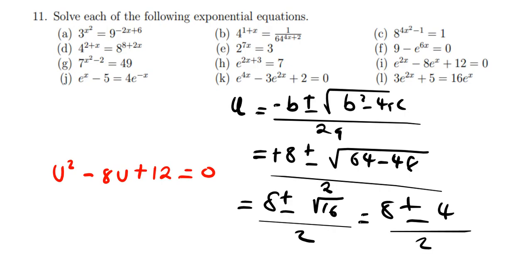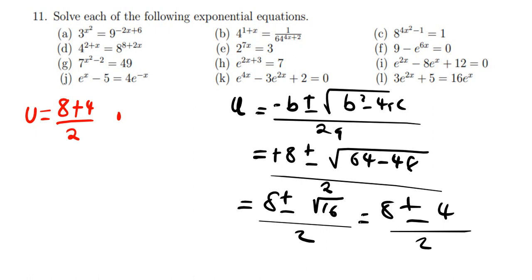So our two answers for u will be (8 + 4) over 2, or u will also be (8 − 4) over 2. For the first value, 8 + 4 is 12, and 12 divided by 2 is 6. On the other side, 8 − 4 is 4, and 4 divided by 2 is 2. Is it?